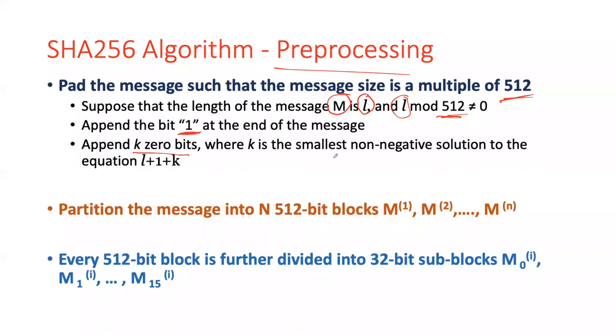Here k is the smallest non-negative solution to this equation: the original length of the message is L, and if the message is less than 512 bits, then we pad some extra bits, k 0 bits, after adding 1 bit to the original message. That will be approximately 448 bits. If you do the modular operation of that with 512 bits, it gives exactly how many bits are required to be added.